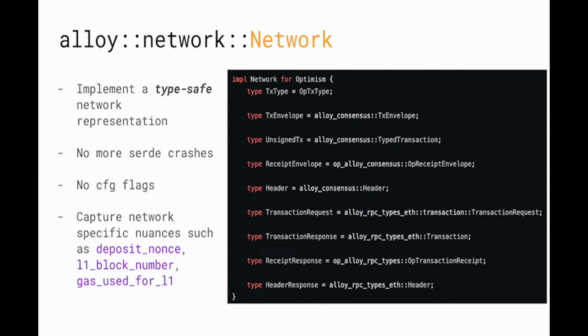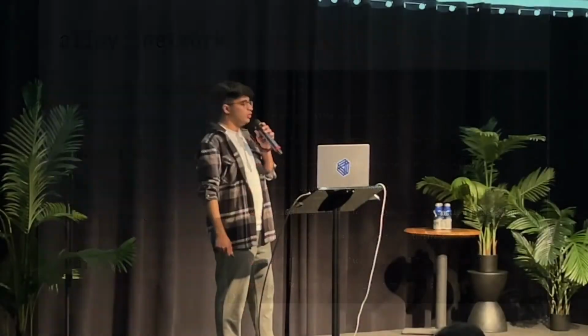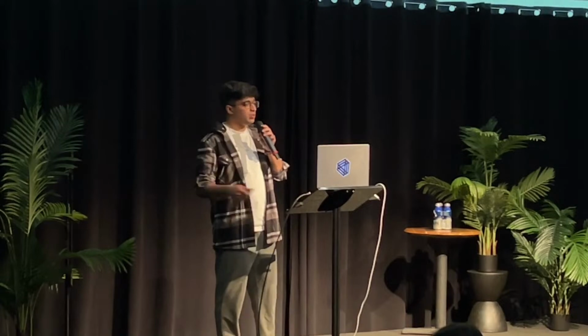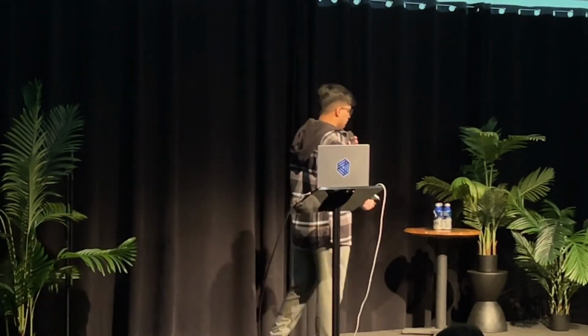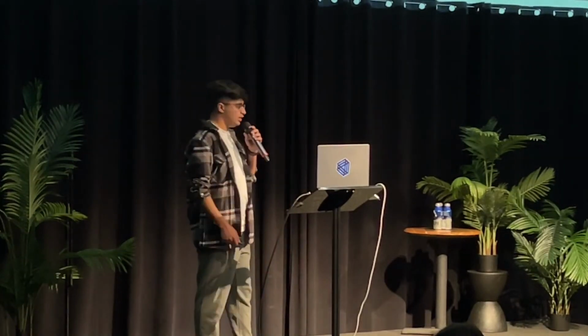The only difference from the vanilla representation of Ethereum is the OP transaction receipt and the OP receipt envelope, which contains the extra field deposit nonce. And so now you don't have serde crashes anymore. You don't need CFG feature flags and different compilation configurations, etc. You can capture the network-specific nuances, such as the deposit nonce, L1 block number, gas used for L1, all into one easy abstraction.